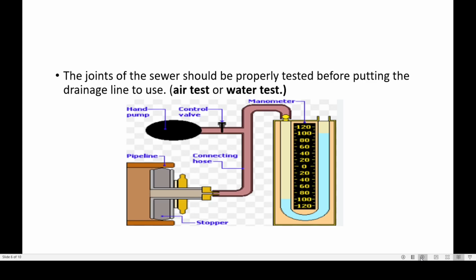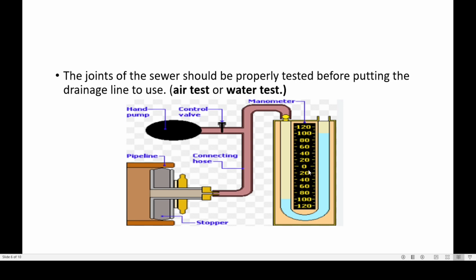That's another principle. The joints of the sewer should be properly tested before putting the drain line to use. So after you have done your connection, you must test your connection, what we call an air test or water test.